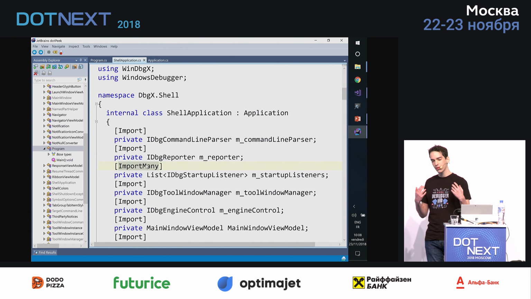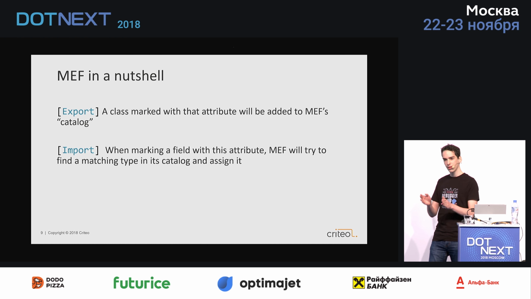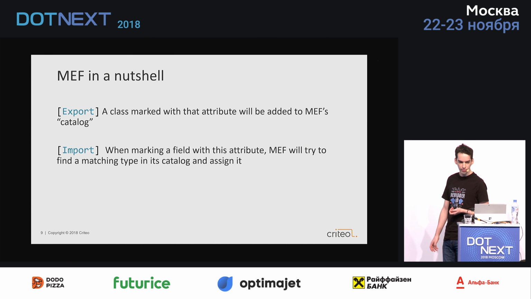And the way it works is using attributes. So there are two important attributes. There is the export attribute. Whenever you mark a type with the export attribute, then MEF will make it available in an internal catalog. And then whenever you use the import attribute on a field, then MEF will search its catalog for a type that matches the same type and will magically inject an instance of that type into your field.